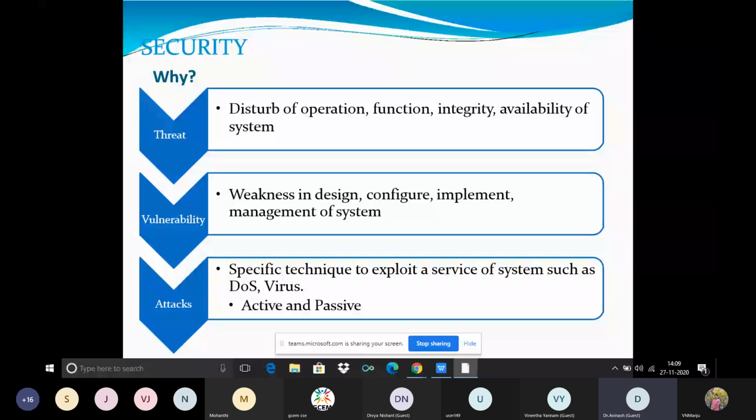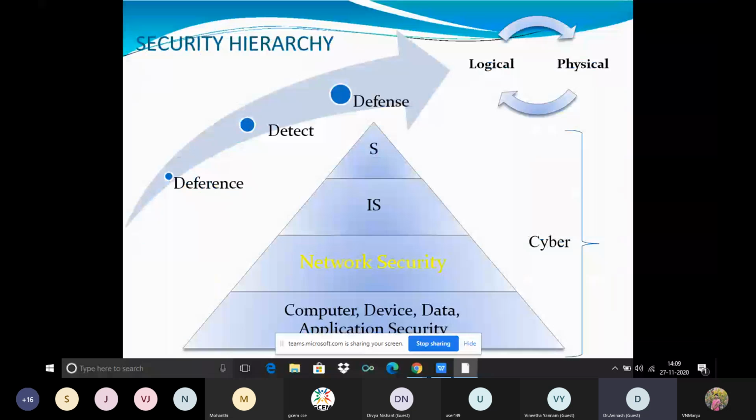Moving ahead to this particular slide, I want to show the triangle which represents a cyber system in which the computer devices, the data, and the applications are at the bottommost layer, and over that the next important thing is network security, and after that there is information security, and then overall security.